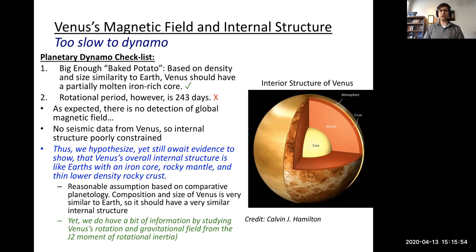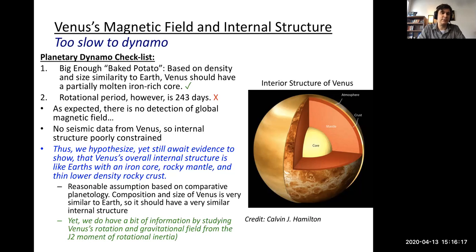What about the interior structure? We don't have any seismic data, and we don't have very much data from looking at its gravity maps, trying to get the moment of inertia, comparing how it rotates to its gravitational field. So we really don't have any solid information on the interior structure of Venus. However, Venus is roughly the same size as the Earth, made out of the same materials as the Earth.